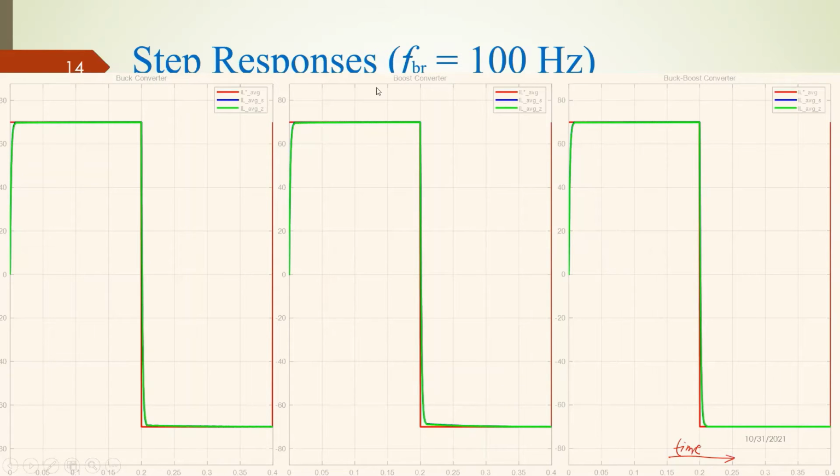And here we have the actual values in ampere. Here the reference value changes from 70 amp to minus 70 amp. And I would like to mention that you may think of the DC-DC converter as only where the power flows from source to load, but actually the power can flow from your load to source also.